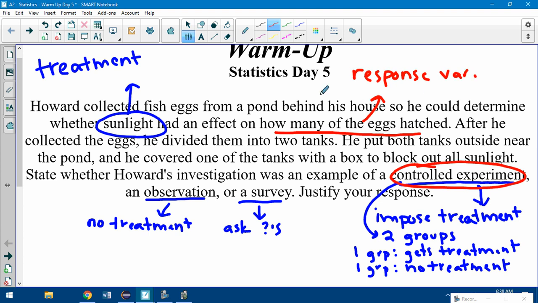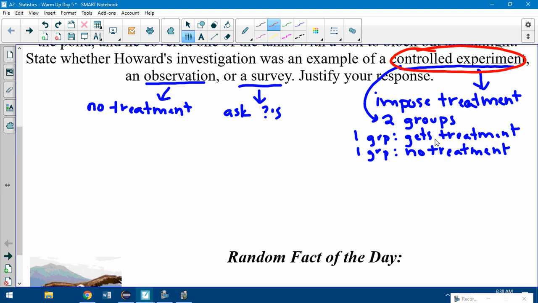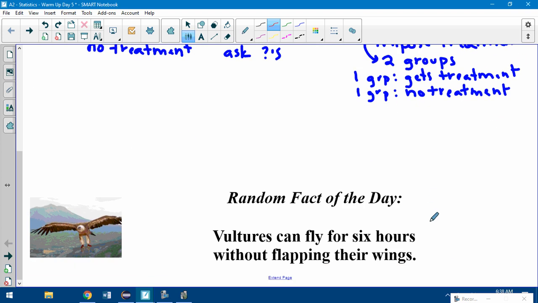We're looking at if sunlight affects this. So it is a controlled experiment because there's two groups. One gets the sunlight, one doesn't. So we can see if that one piece affects the response variable. Okay, so controlled experiment.